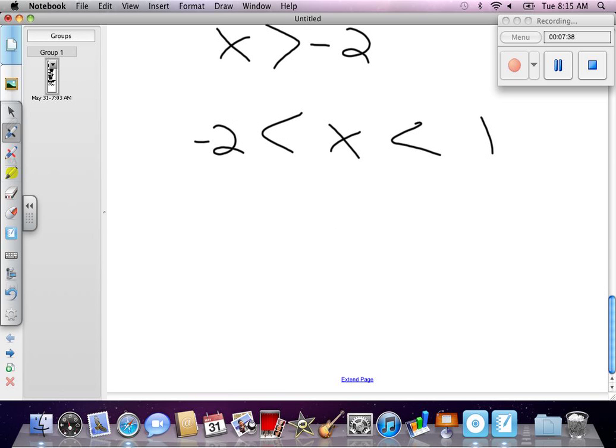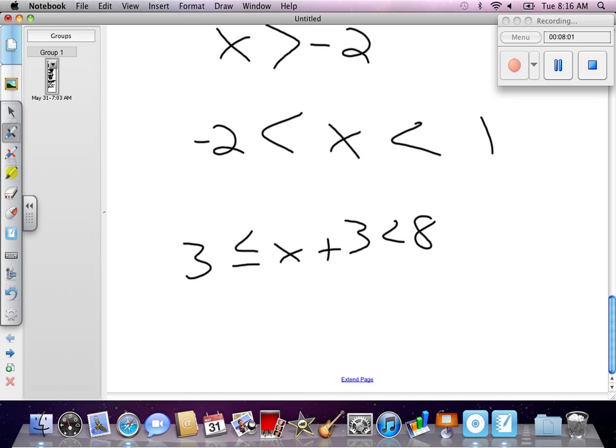Yes? No? Alright, for 6, I've got 3 is less than or equal to x plus 3, which is less than 8. So let me ask you guys this question. Who separated this into 2 different problems? Anybody? Everybody else just did everything on all sides?